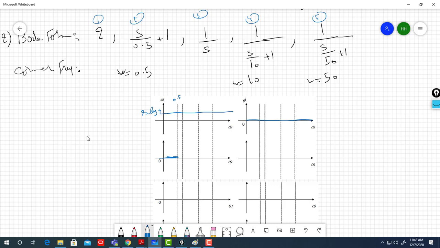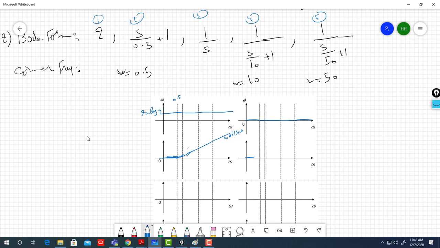So I go like this, and this is 20 decibel per decade. So I just note it here, 20 decibel per decade. That's simply what you do. Of course you have the real curve, but we don't care about it, we just do the asymptotes: 0, and the second asymptote at 20 decibel per decade at the 0.5 corner frequency.